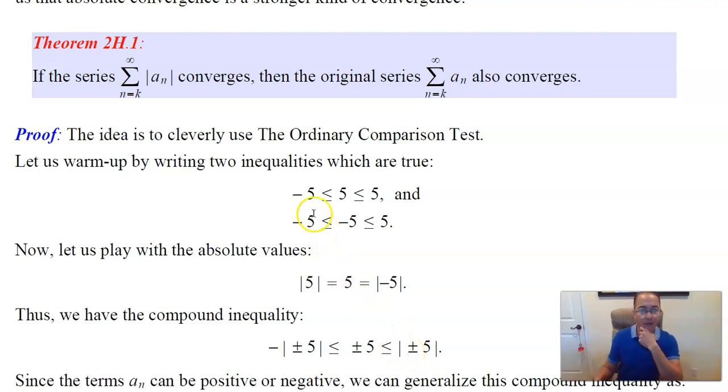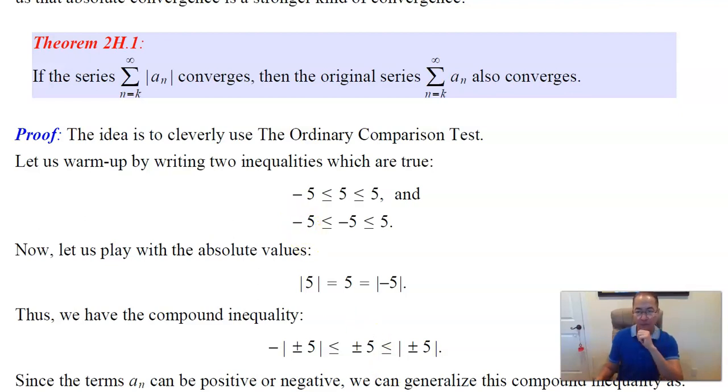Similarly, on the left of both compound inequalities, we have -5. It looks slightly complicated, but it's just 2 steps. First, you take the absolute value of plus or minus 5, so now you get +5. And then you take the negative, the opposite of that absolute value. So that way you will always get -5.